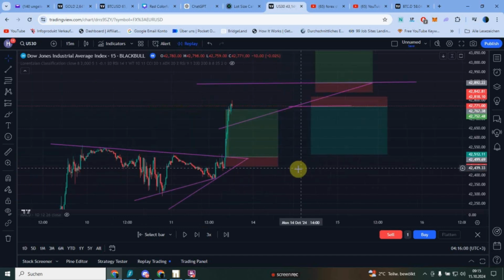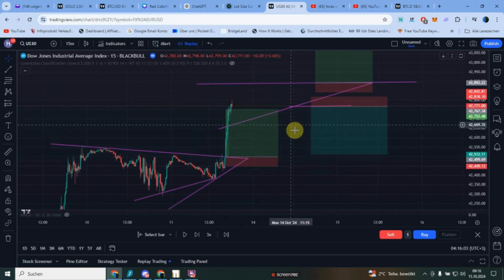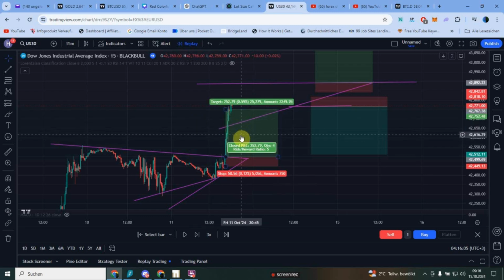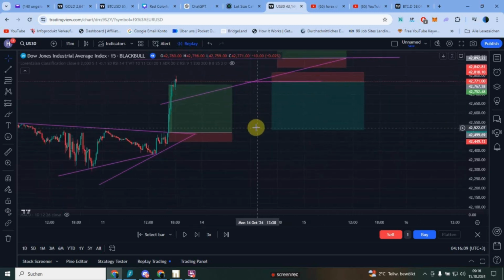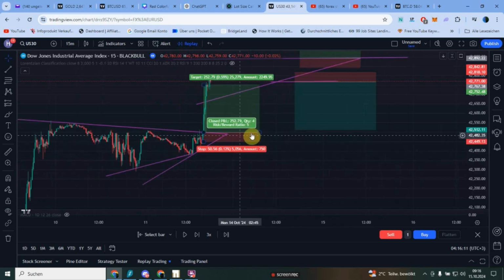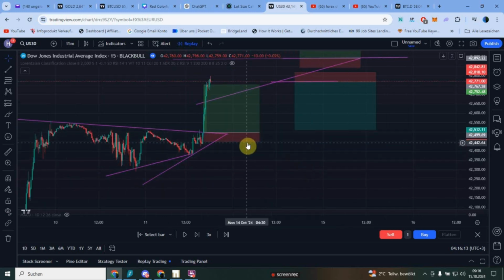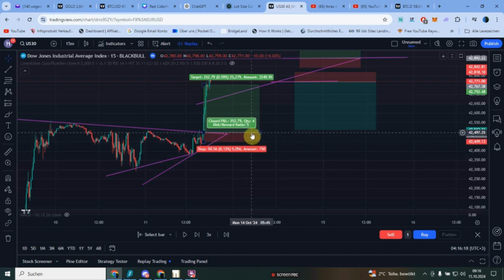Depending on the market condition, it's not always 5 RR. Sometimes I close at 2 RR or 4 RR. Whenever you're comfortable, you just close your trade. But for this strategy, I use a 50 pip stop loss and go for a 250 pip take profit.